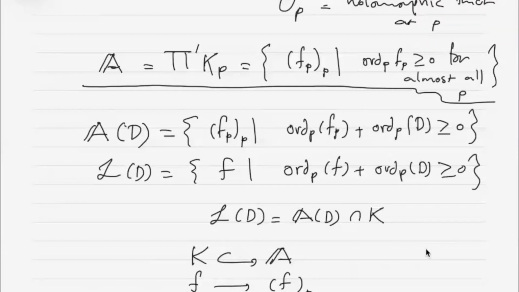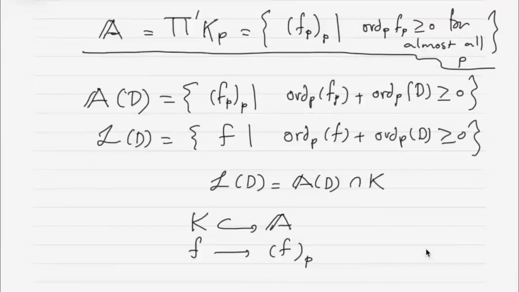What is D here? D is a divisor. Now, what is a divisor? A divisor is a formal sum of points. And what are points? Points are the discrete valuations.